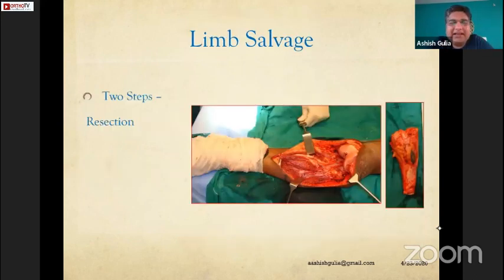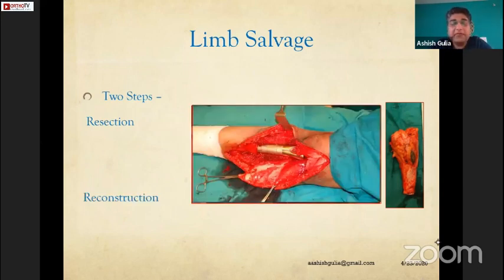If we have decided that in this patient we can do limb salvage, then essentially limb salvage is divided into 2 parts. Number 1 is complete resection of the tumor, and then reconstruction of the remnant defect. There are a lot of indications and contraindications for limb salvage.